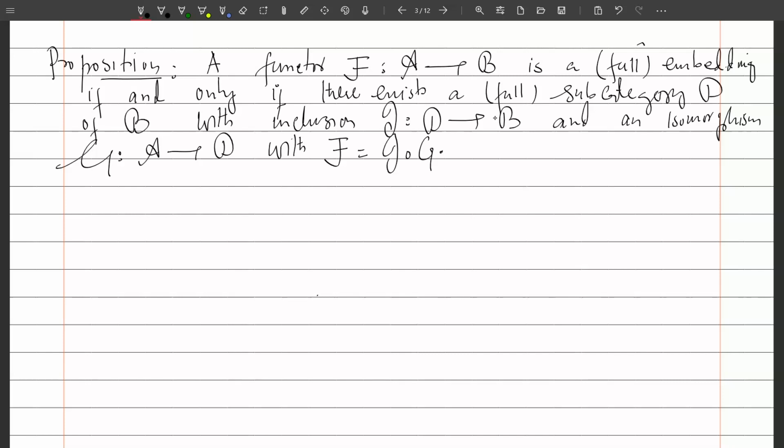So let us prove this. So first we are going to assume that f is a full embedding.